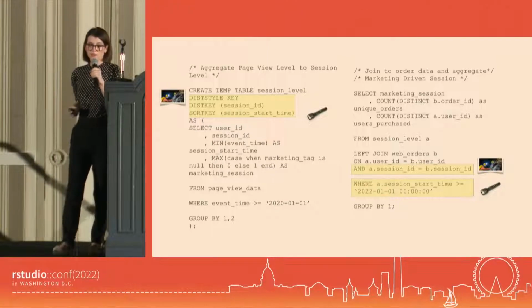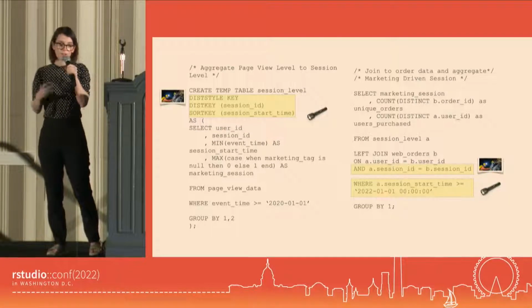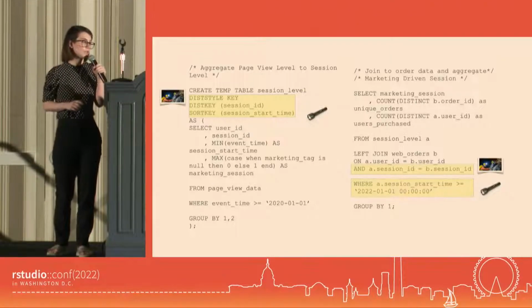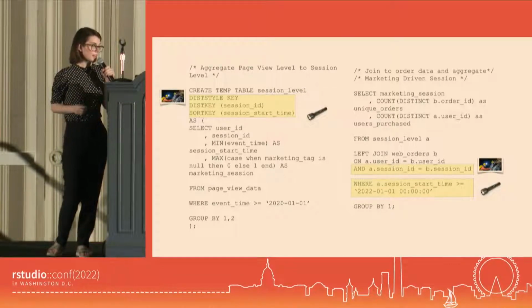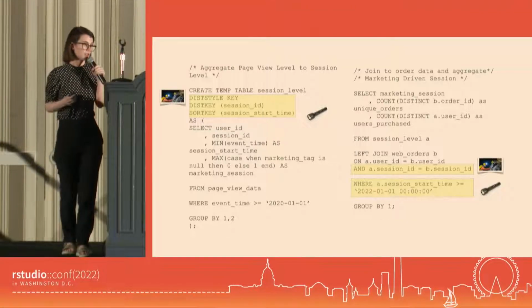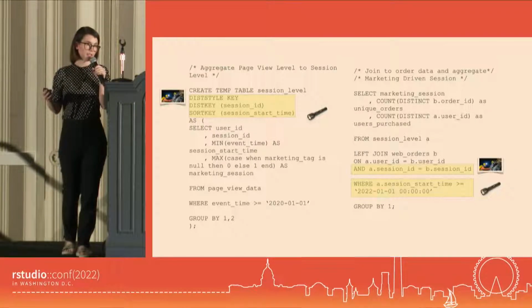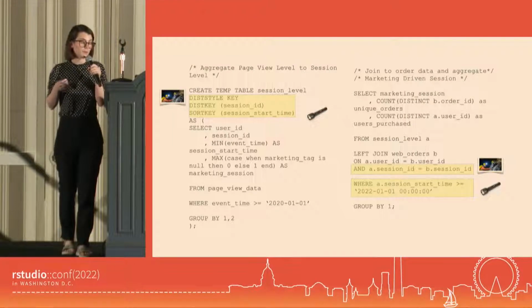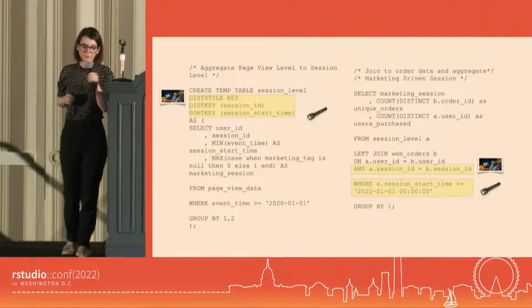Pulling together everything that we have learned, on the left-hand side, I have a query that takes that page view level data that we were just looking at and aggregates it to the session level. If you can imagine landing on a website, you can have multiple page views during a session, and so I cared about what marketing is at the session level.